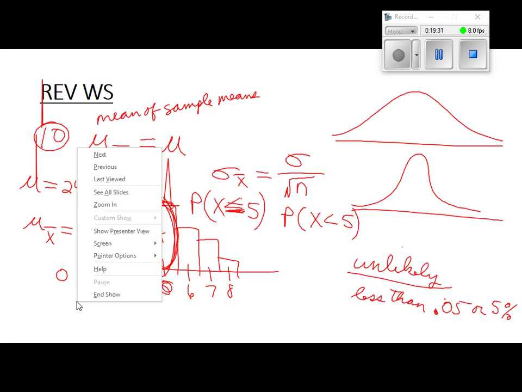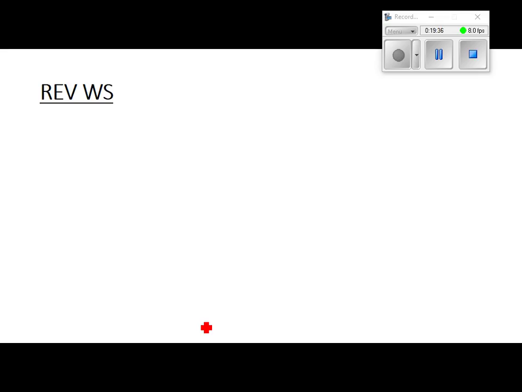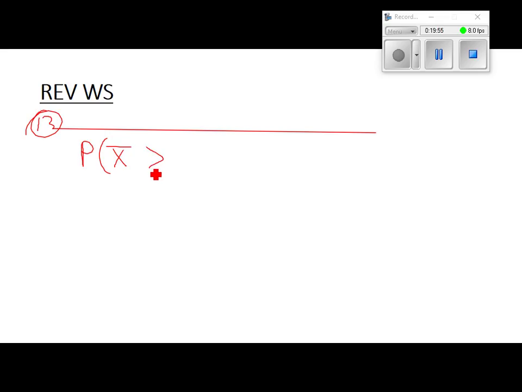Approximate a binomial distribution, number 13. This is some of the stuff that we just got done doing. So if we're trying to approximate a binomial distribution, remember, if I said something like find the probability that x bar, that's our sample means, is greater than 7, we do the continuity correction.